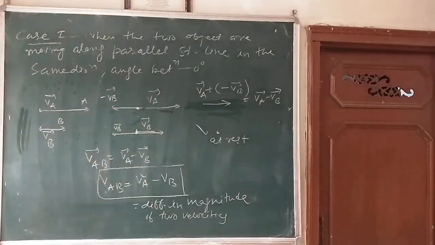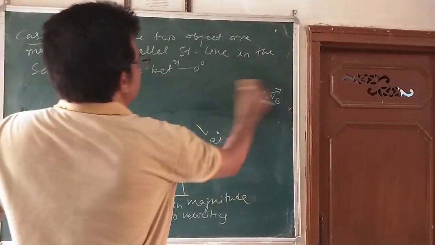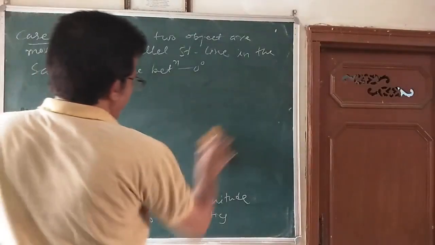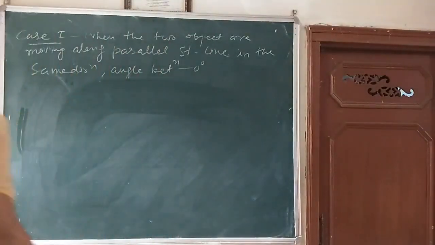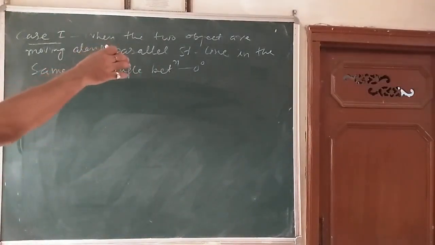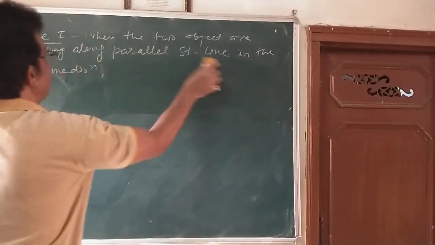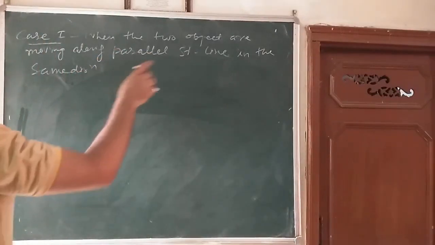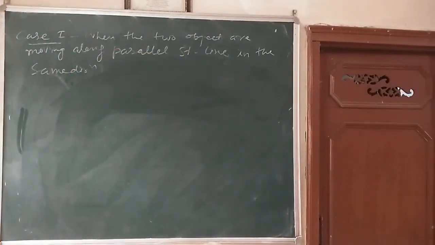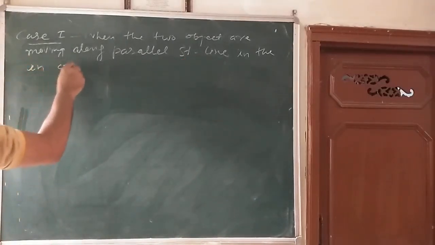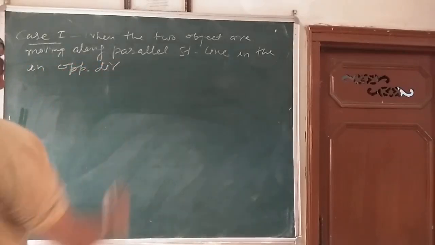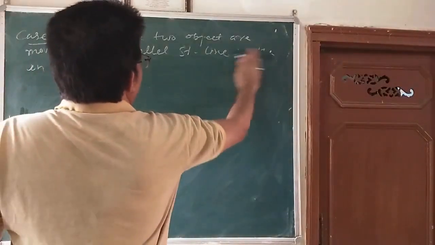Is that clear? Now, when the two objects are moving along parallel straight lines in opposite directions. Until now the direction of both was the same, but now not in the same direction but along parallel straight lines in opposite directions.